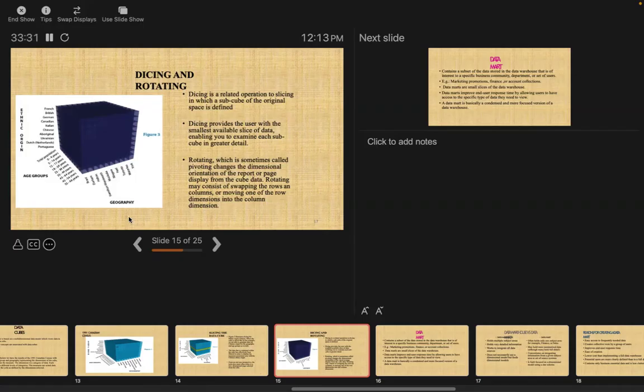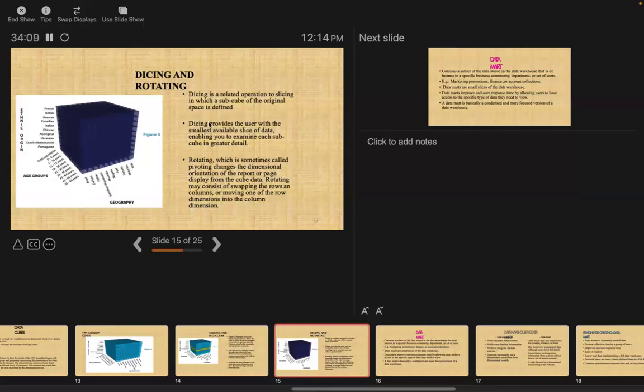Then rotating, sometimes also called pivoting. The sense is the dimensional orientation of the report or page display from the cube. Means you rotate the dimension, and accordingly display the data as per your choice. Rotating may consist of swapping the rows and columns, moving one of the row dimensions into the column dimension. In layman's words, rotating means you are just rotating the dimension. Here this is geography, this is age group; you consider here age group and this is geography.